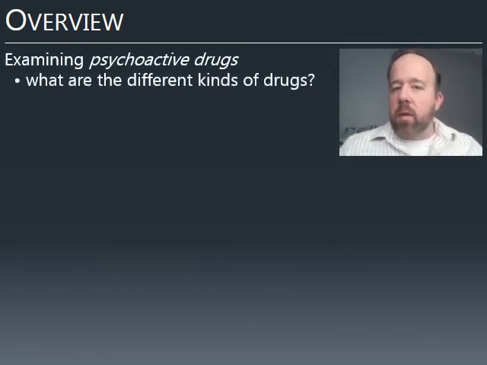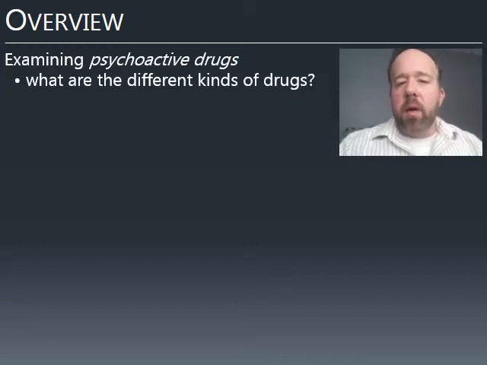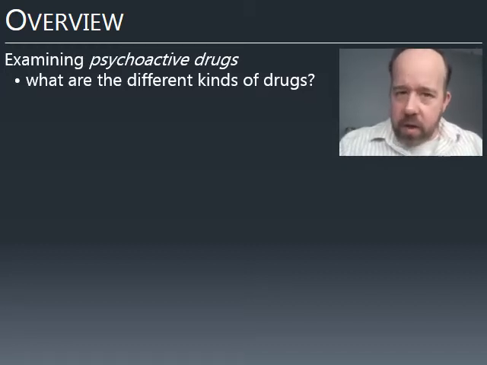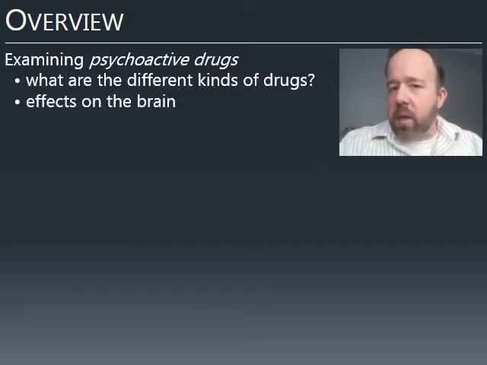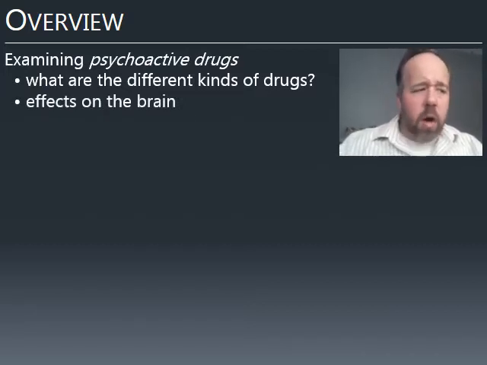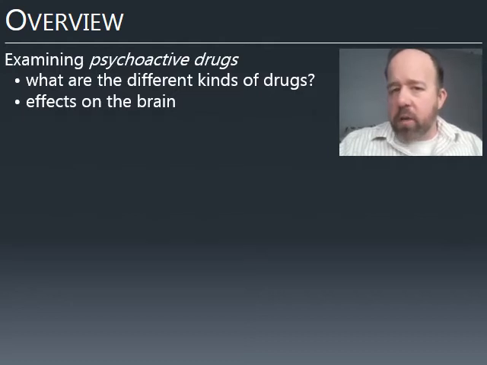And of course, there are a lot of different kinds of drugs. We'll, of course, as always, define what a drug is. But we'll talk about the different kinds of drugs and how we categorize them. We'll talk about their effects on the brain. So drugs interact with neurotransmitter systems. Neurotransmitters are something we learned about in our unit on the brain.